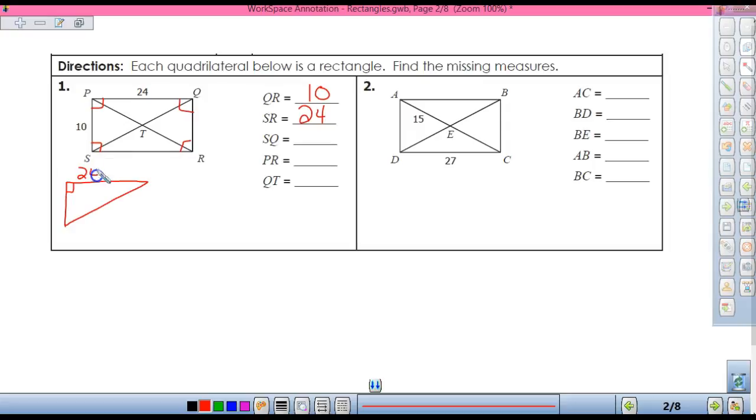So if this is 24, and this is P, Q, and S, so PS is 10, 24. How are we going to find SQ?